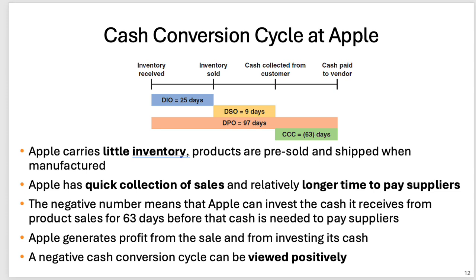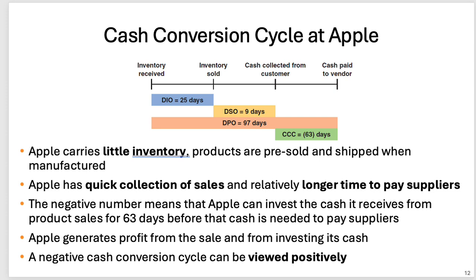The time between sales being made and when the cash is collected is only 9 days, which is ridiculously less than 2 weeks, right? And an extremely long time to pay the suppliers of 97 days. What does it all mean when you do the math?